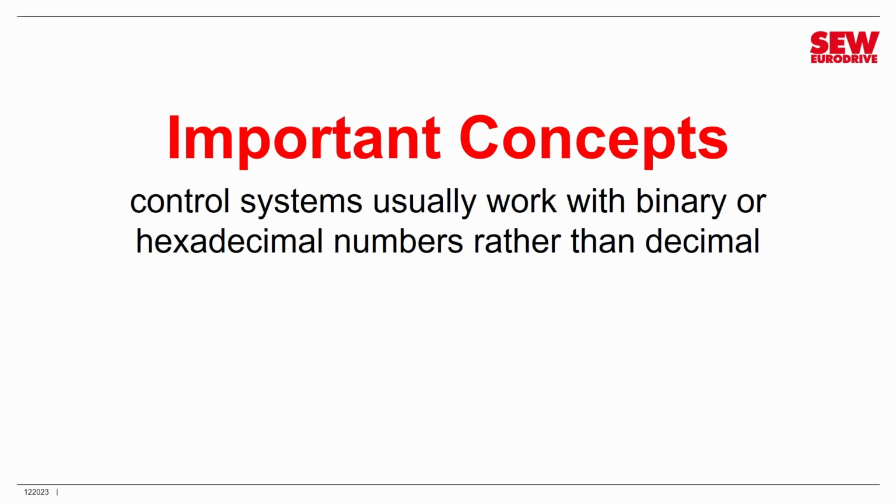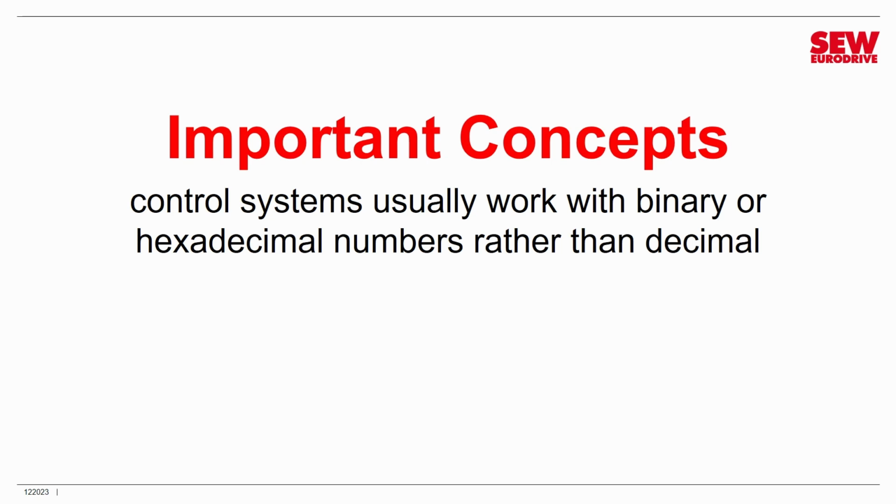Hexadecimal numbers, however, can be very convenient too in a control system, and the reason is you can convert binary numbers back and forth between hexadecimal very easily. Hexadecimal, which is called base 16, uses units of 16 rather than 10 like we do in decimal. It has the digits 0 through 9, just like we do in decimal, but it also has 6 additional digits, and they are the letters A, B, C, D, E, and F.